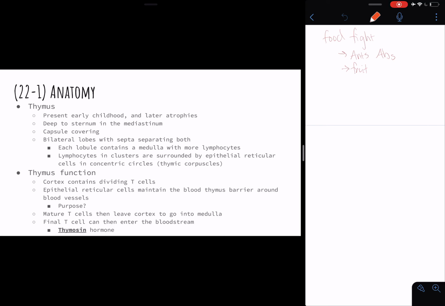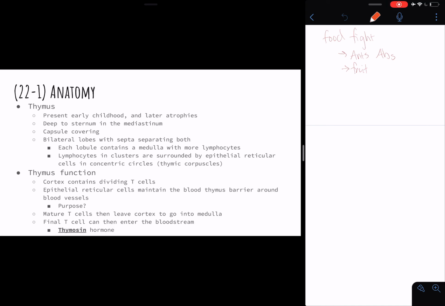At the end, we have mature T cells, and they're like, oh, I'm a T cell, and I know this is who I'm supposed to attack, and that I'm not supposed to attack anything that looks like my body, and I'm ready, go ahead and release me. Then it gets released into the bloodstream and acts like a T cell would normally act.